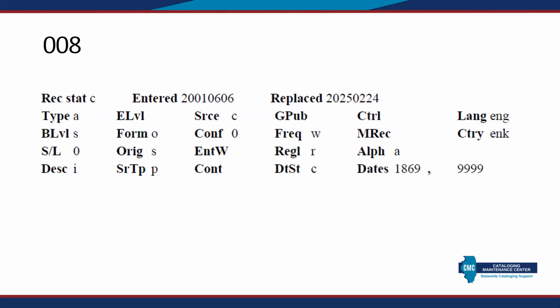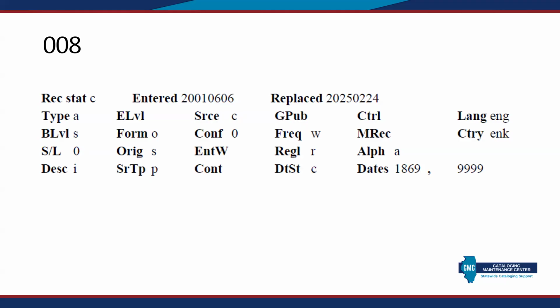Freq, F-R-E-Q, records the frequency of release of a resource or updates to the resource. W denotes that it's released weekly. R is used in REGL, meaning the item is intended to be published or updated regularly. Use N or normalized irregular for publications that have a predictable pattern but might only publish 10 issues per year rather than 12.